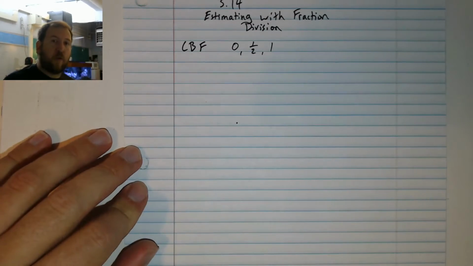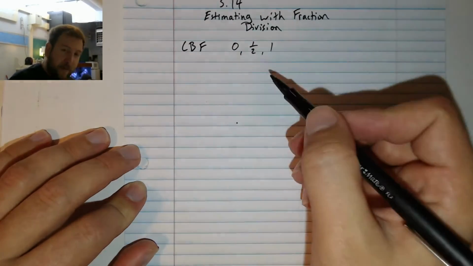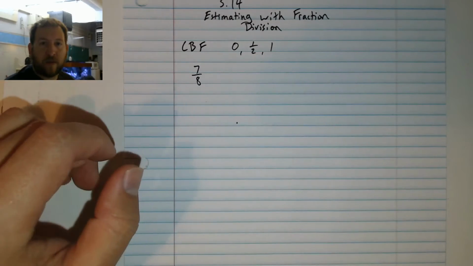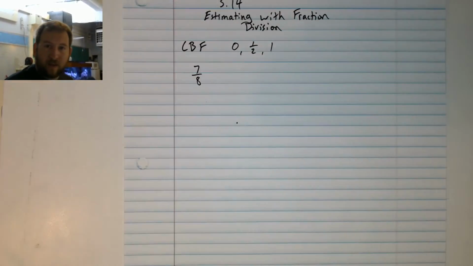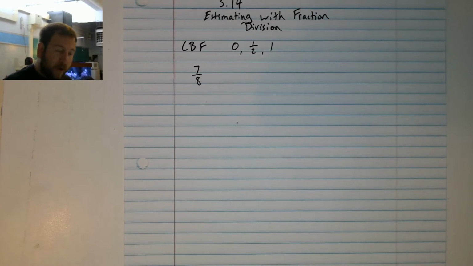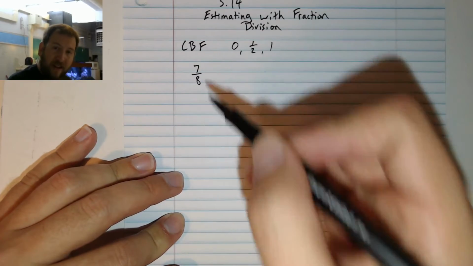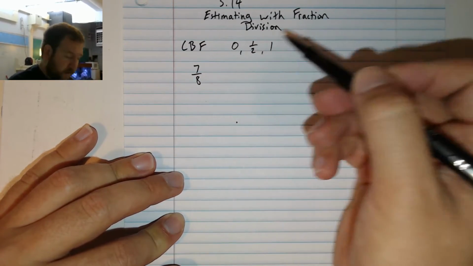First, let's quickly refresh our memory about common benchmark fractions. So if I'm going to look at 7/8 and I want to turn that into one of these fractions, I should know that 7 is almost 8 because it's 1 away, and it's probably 1. But if I needed to check myself, I can build an exact correlation between 0, half, and 1 for each of these numbers.